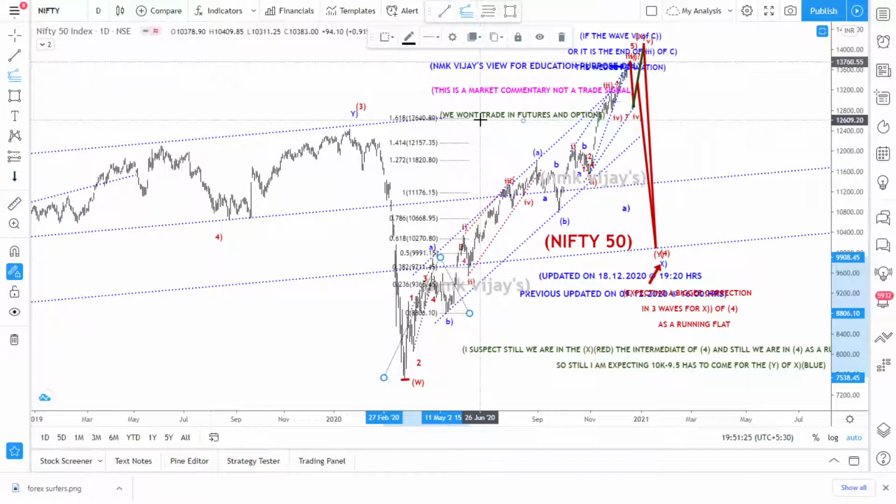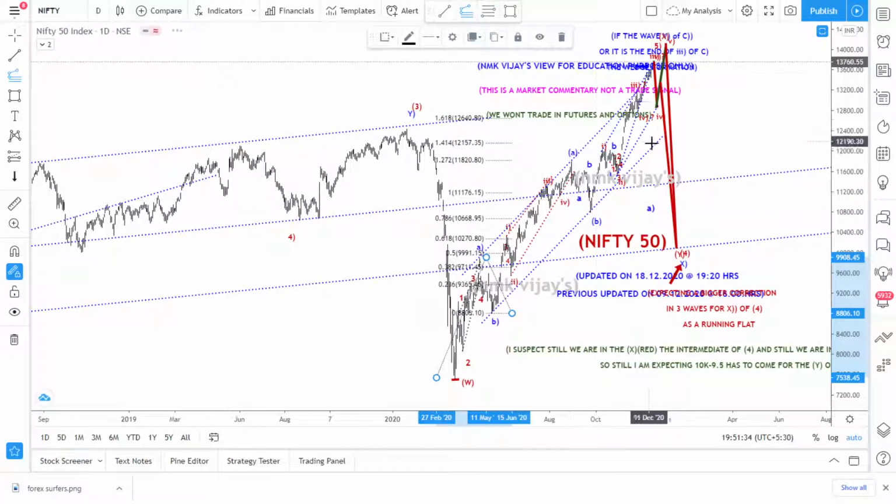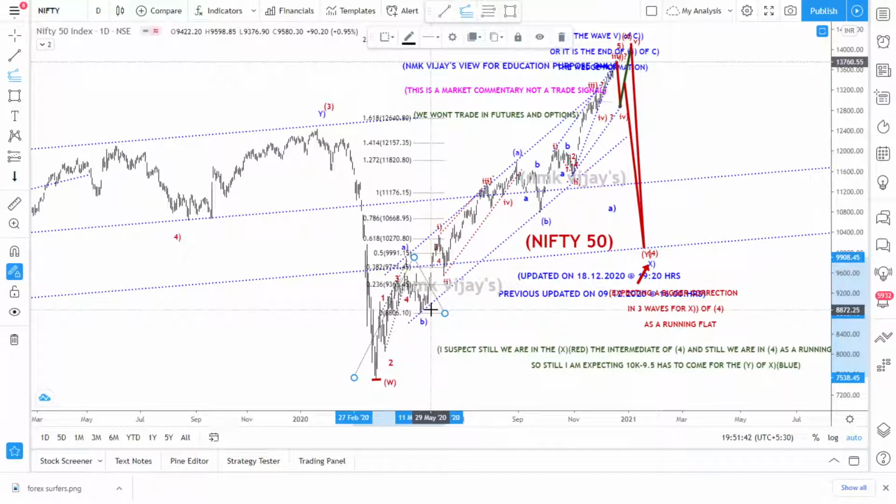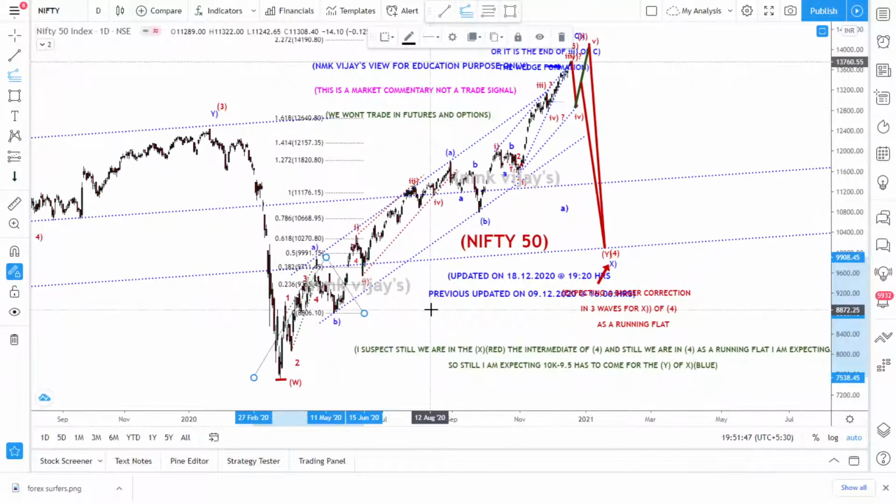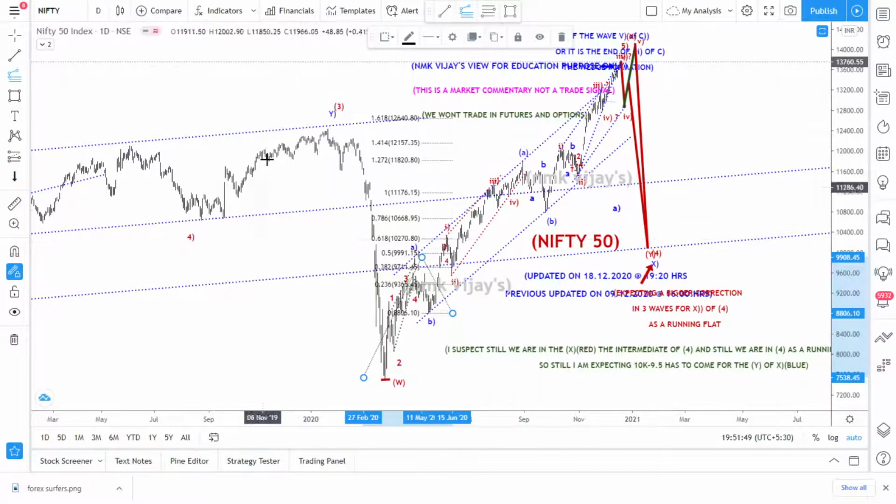So in that case, if this is the wave 1, this is the wave 2, and this is a 3, the 5th can be extended. In forex it will do like that, and I have not seen it in this equity market. I just started only 3 to 4 months before, so I need to understand the character of this stock market.